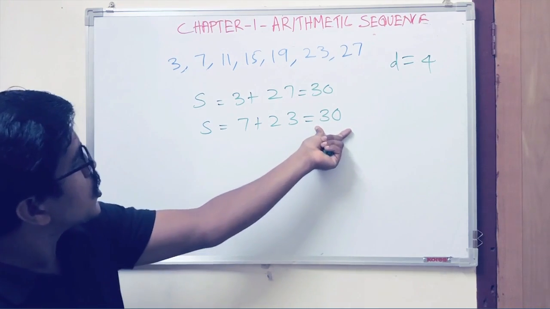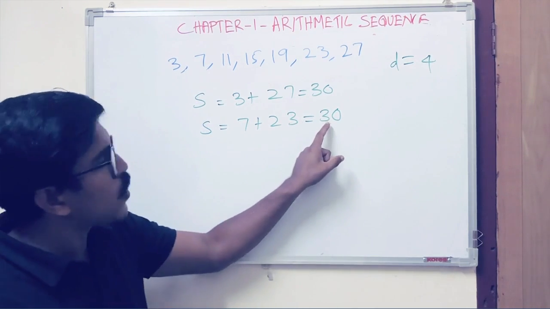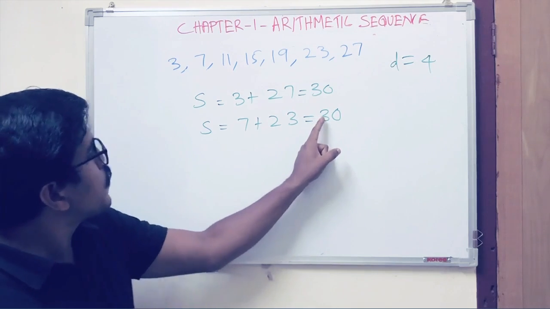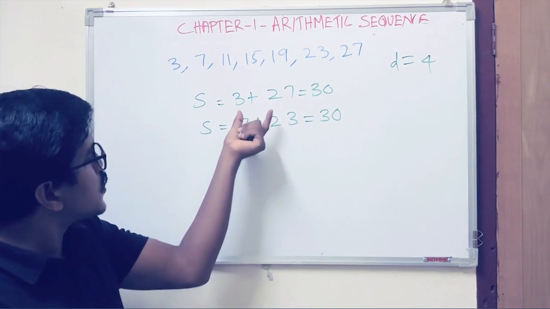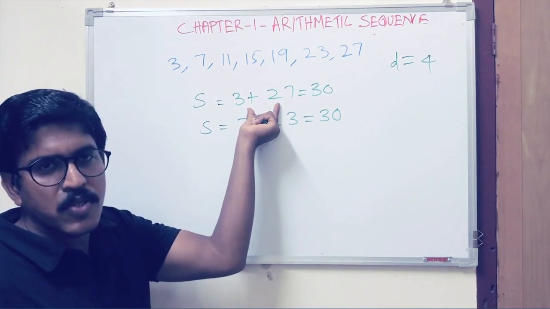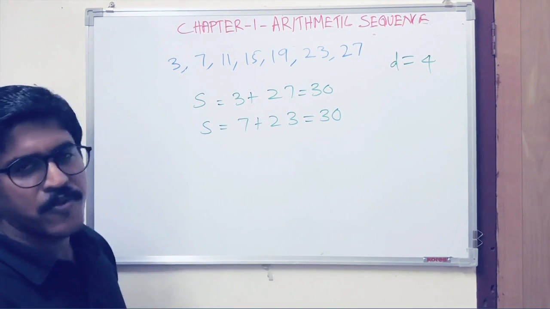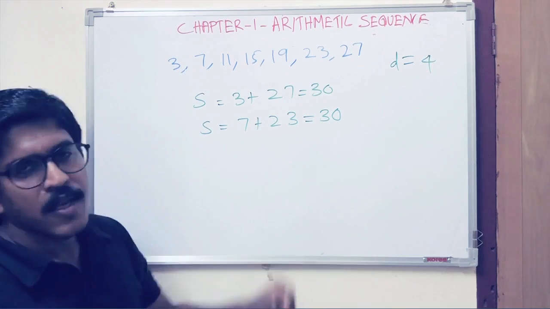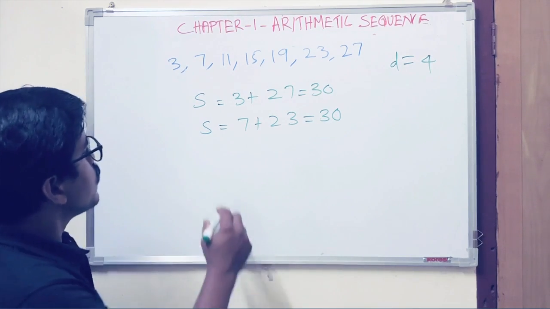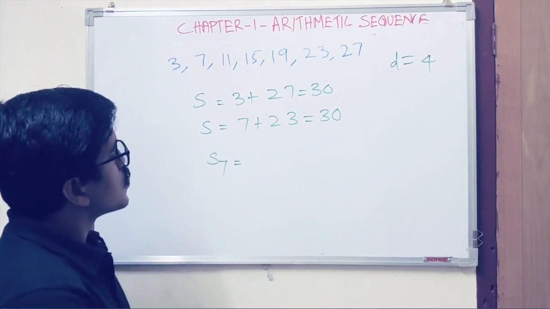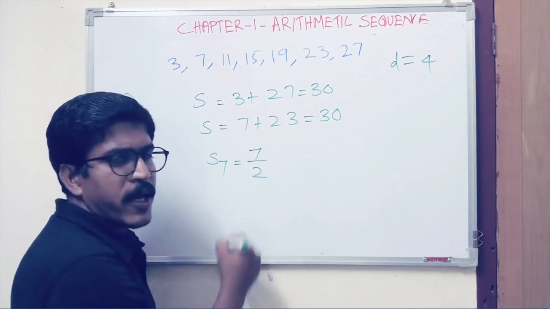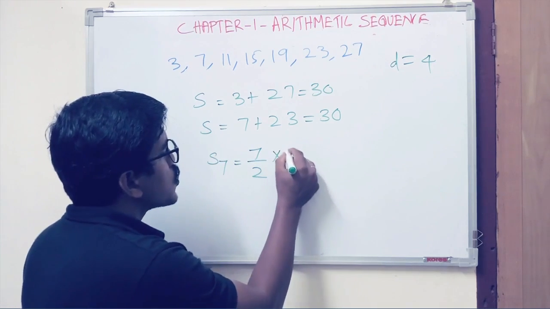So now we need to check how many times we need to add 30. Okay, here 7 terms are here. So all of you know that at a time we are taking 2 terms. So half the number of terms times 30 will come. Okay, that is S7 is equal to, 7 terms are there, so 7 by 2 into 30 will come.